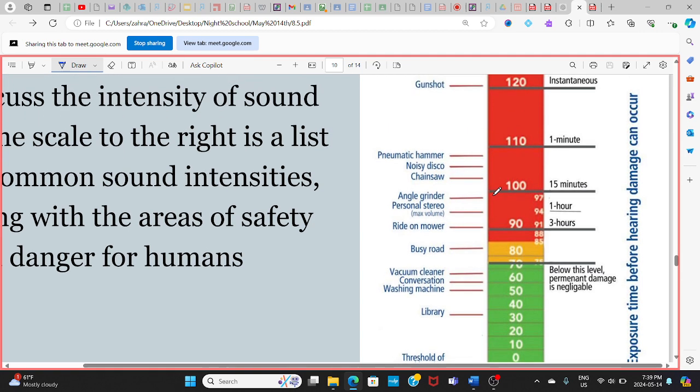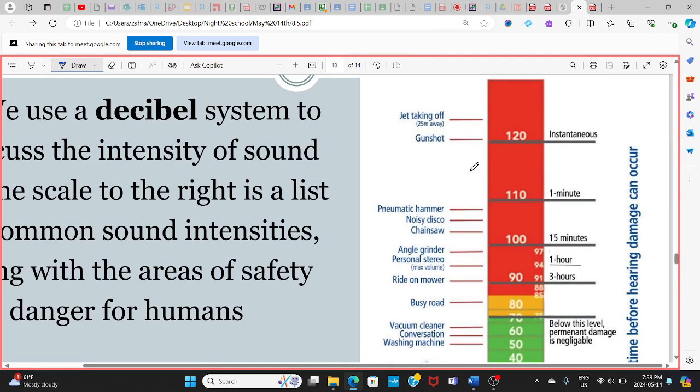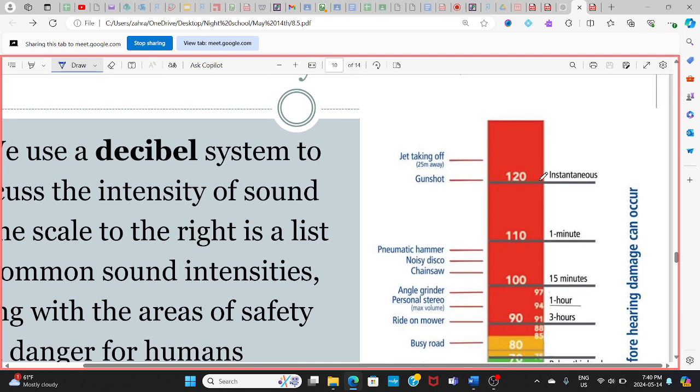Then 90 decibels is a lawn mower. 110 decibels is kind of like a noisy disco. 120 is a gunshot, and so on, right?